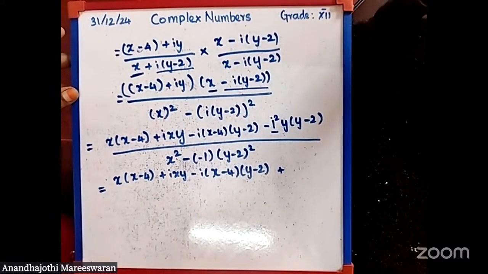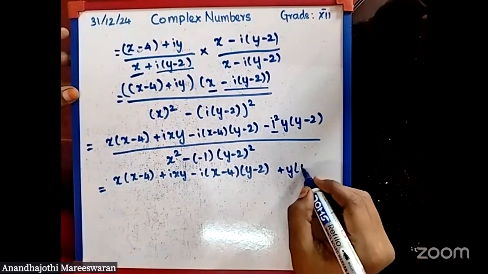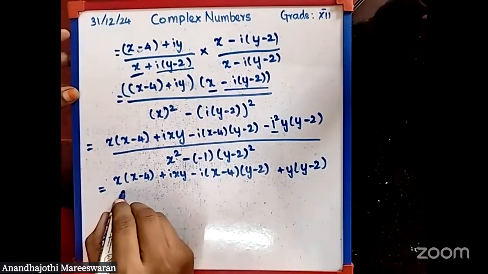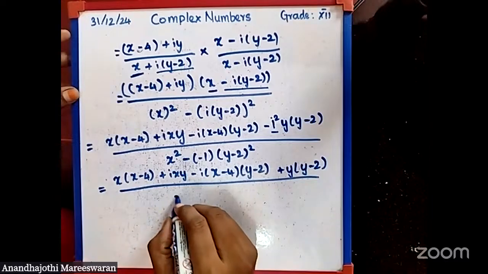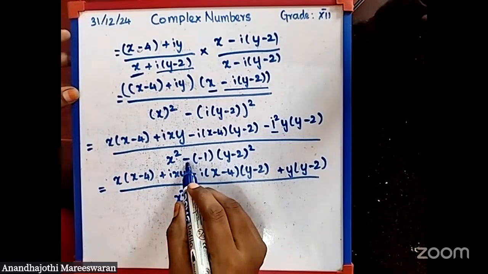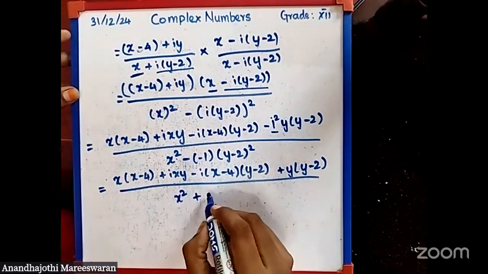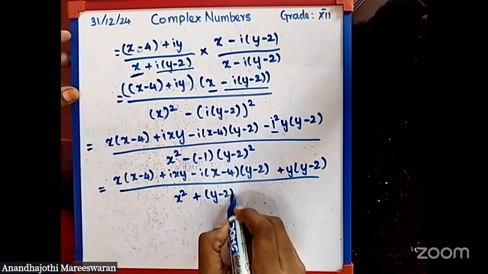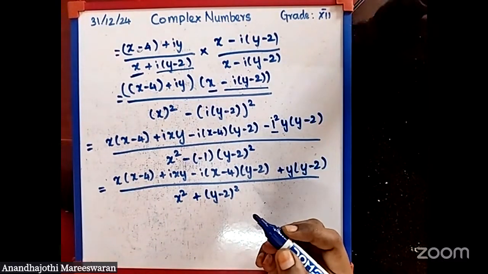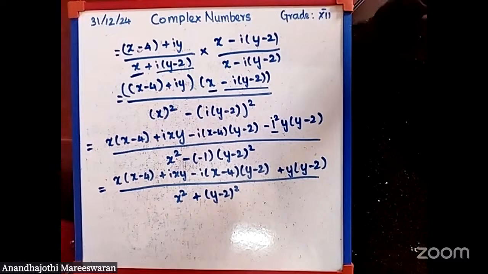So plus y multiplied by y minus 2, divided by x squared. Minus of minus 1 will be plus y minus 2 the whole square, right? What I am going to do now is separate the real part and the imaginary part.